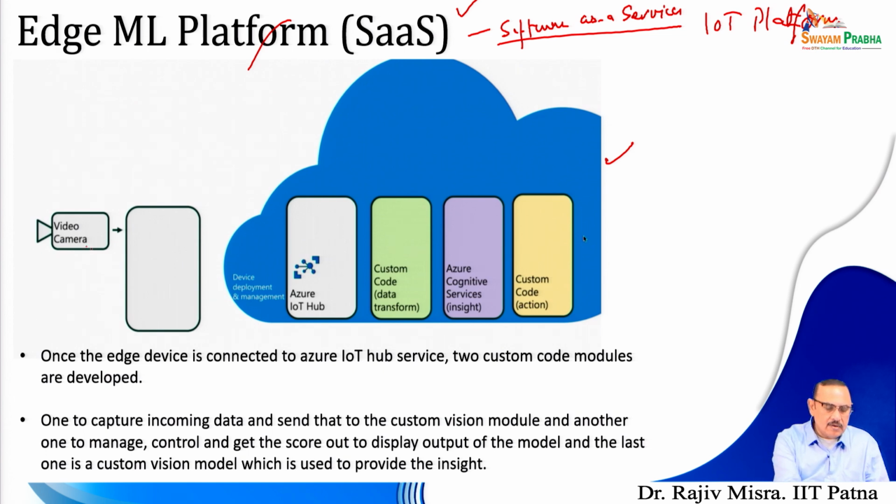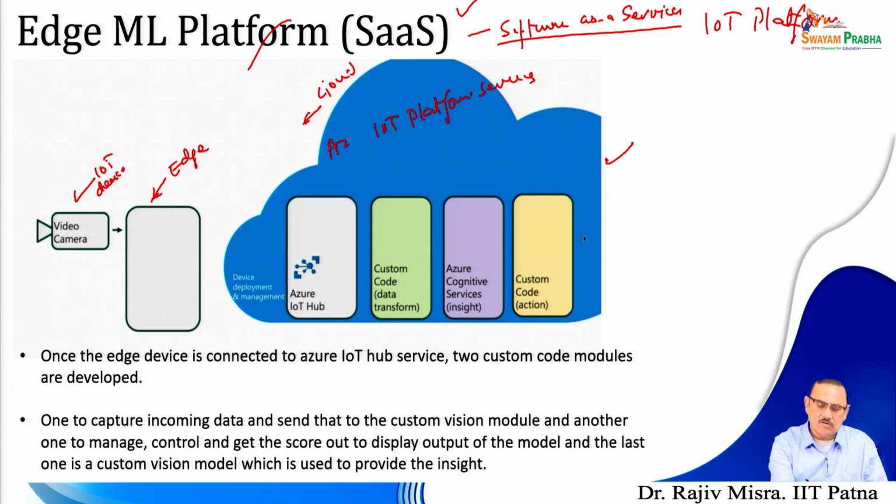Here you can see that this is an IoT device, and this is an edge very close to the IoT device, and very far away is the cloud, where different types of IoT platform services are running.